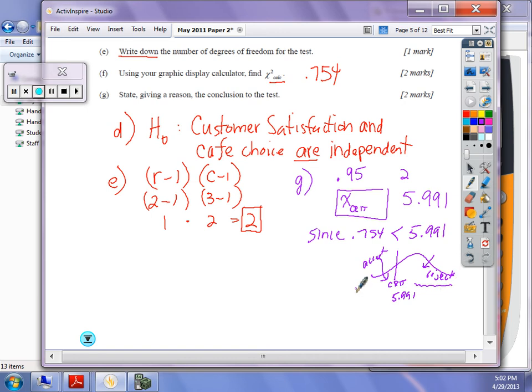Now, over on this side, since our 0.754 is less than 5.991, then that little graph you're not going to put into your description, then we say we do not reject or fail to reject the null hypothesis. So do not reject, which means we accept the null hypothesis, which really means that the two factors are independent.